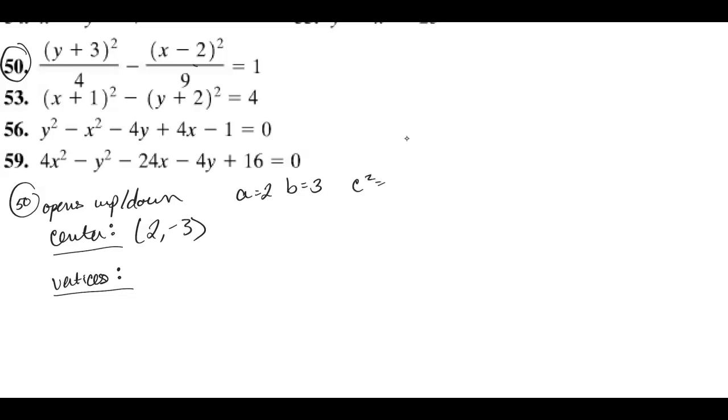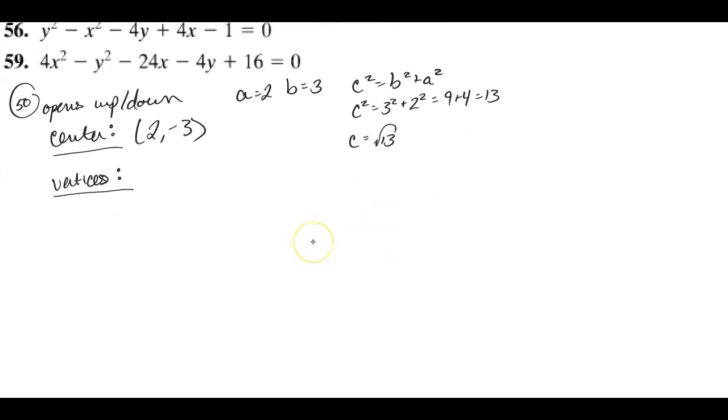We know c squared is equal to b squared plus a squared. So c squared is equal to 3 squared plus 2 squared, which is 9 plus 4, which is 13. So c is equal to the square root of 13. So we've got some pieces going on here. We need to find vertices, foci, and then asymptotes.